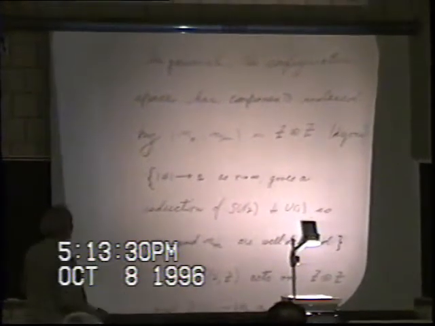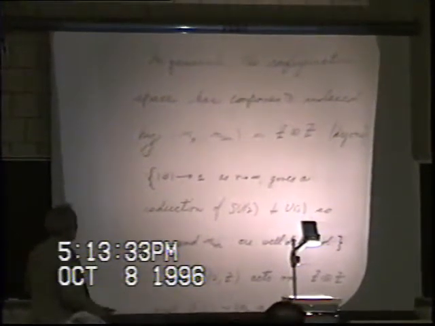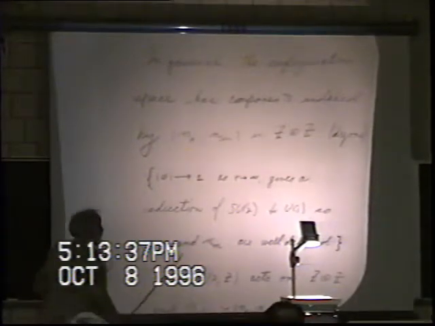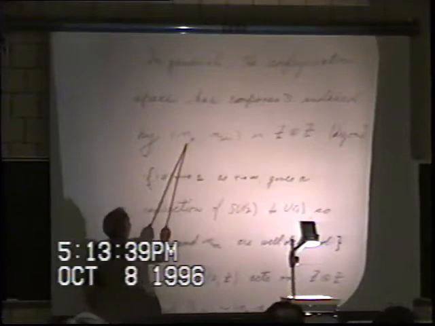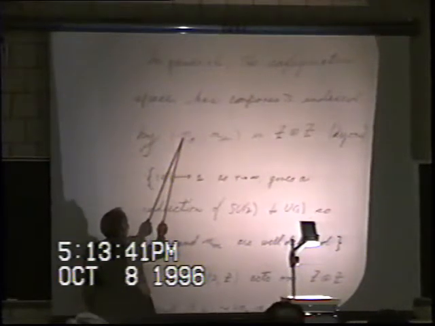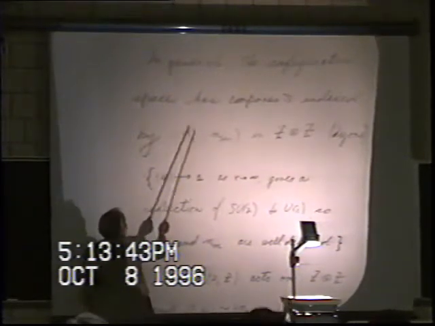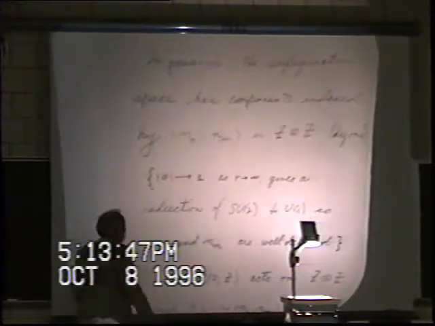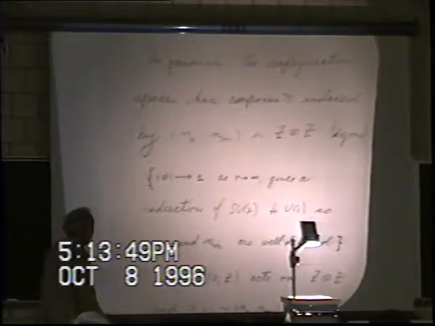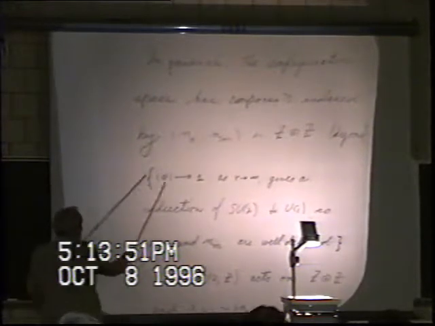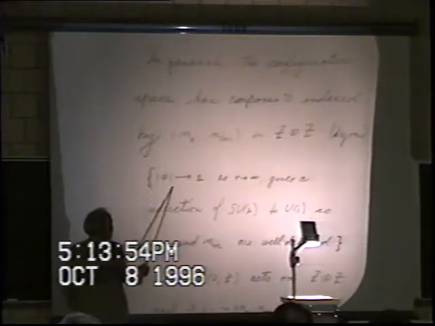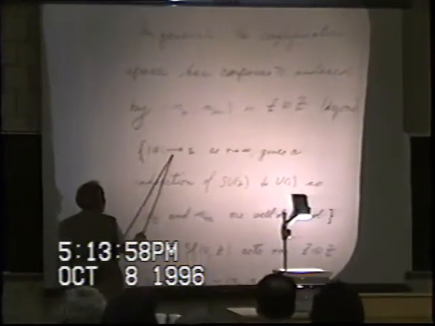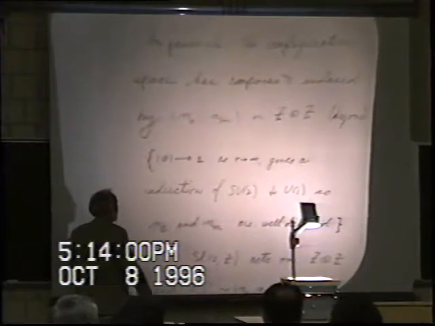In general, the configuration space has components indexed by two integers, dions. This would be something which would have some electric charge, an integer times G, and it would have magnetic charge, some integer times 1 over G. In general, these will make sense because whatever regime we're in, we're taking the absolute value of phi going to 1 as r goes to infinity.